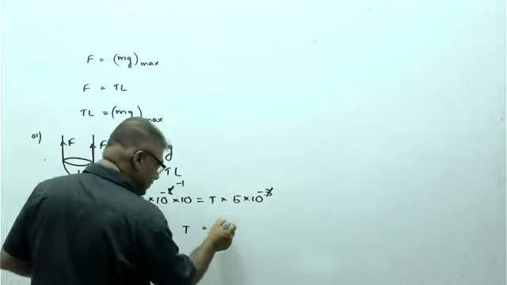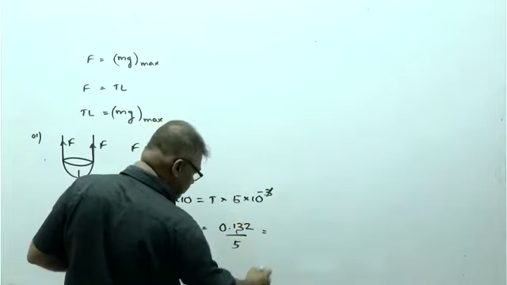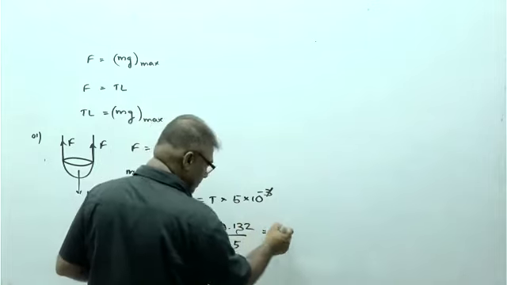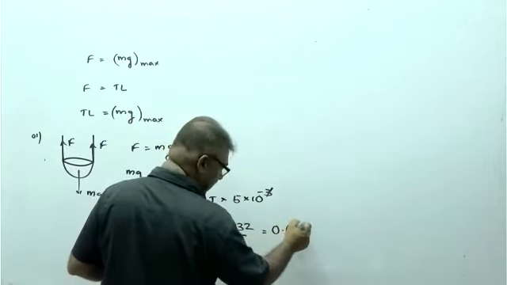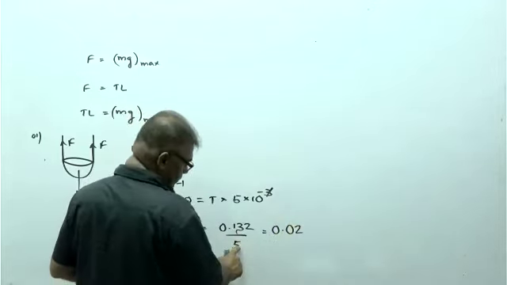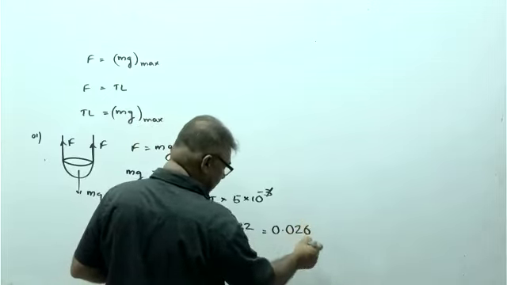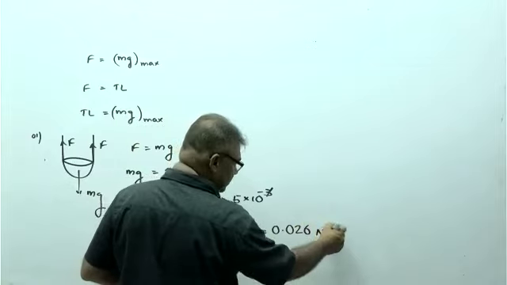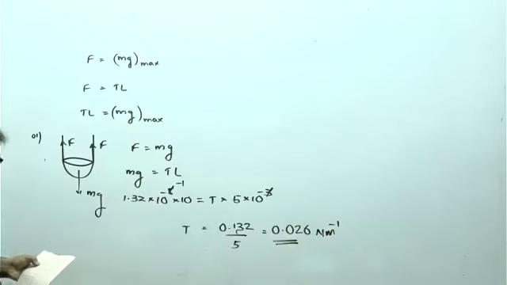T equals 0.132 divided by 5, which is 0.026 Newton per meter. Clear. Now question number 2.